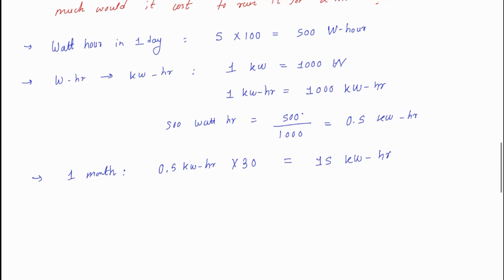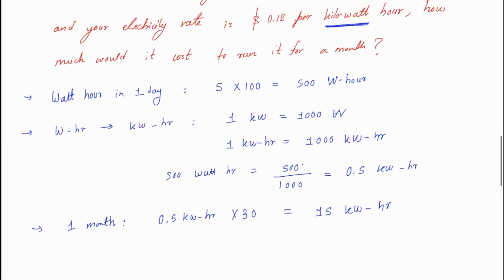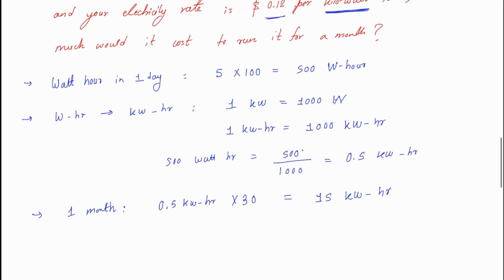So now we know if the bulb is being used for a month, it's going to draw 15 kilowatt hours of energy.